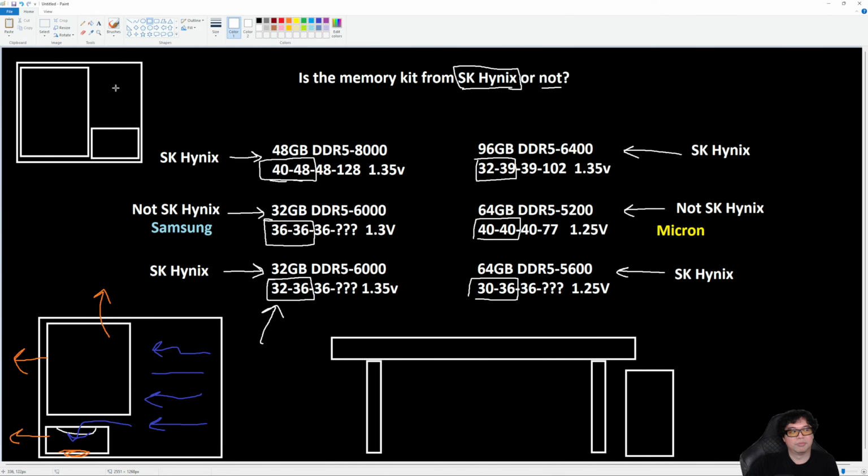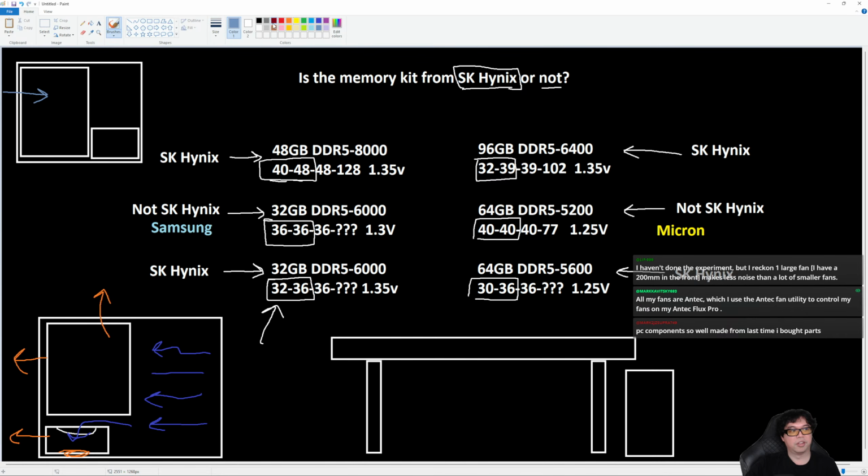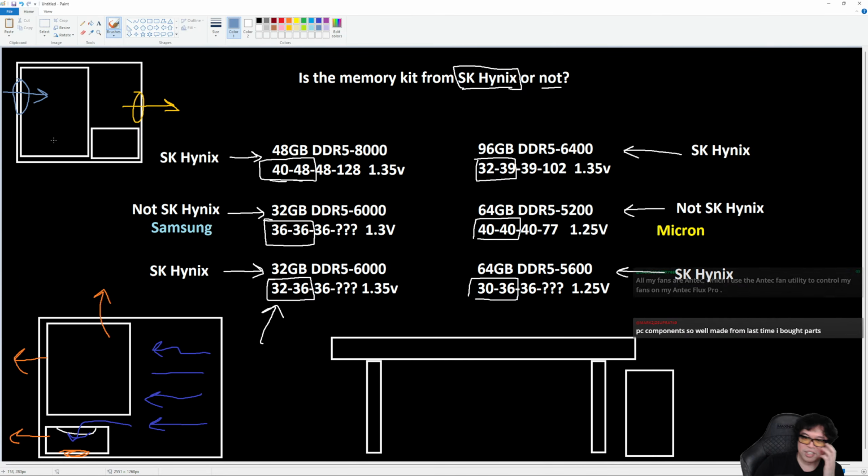And I'm trying to remember the airflow. Yeah, the airflow is also reversed. So the fans blow the air this way. The air goes in, and then the hot air exhausts through the back. There's one 120 millimeter fan here and one 120 millimeter fan at the back. That's literally how that case works.